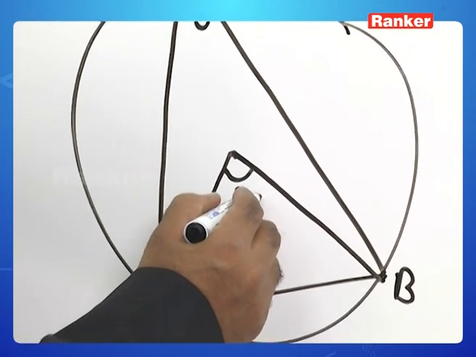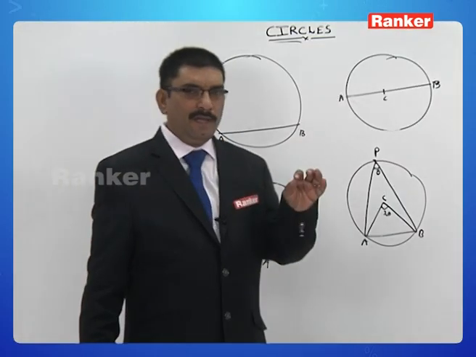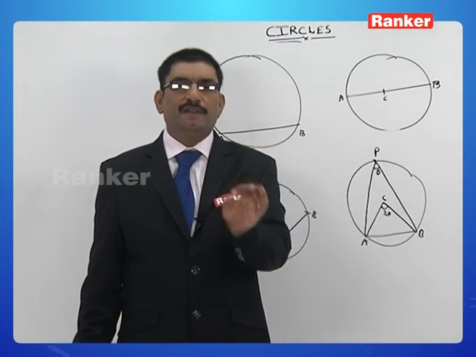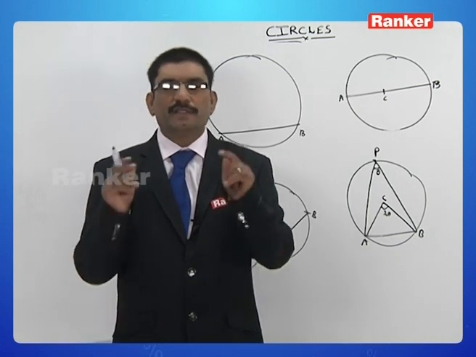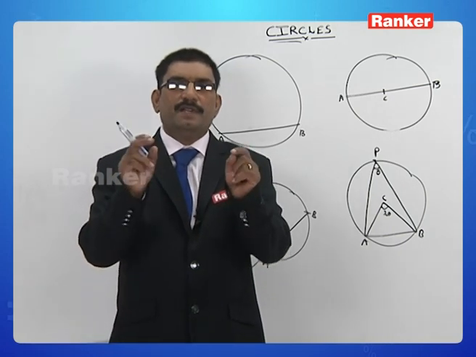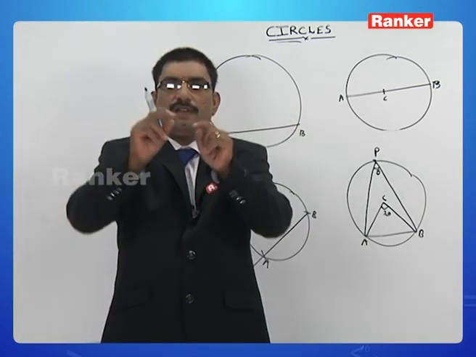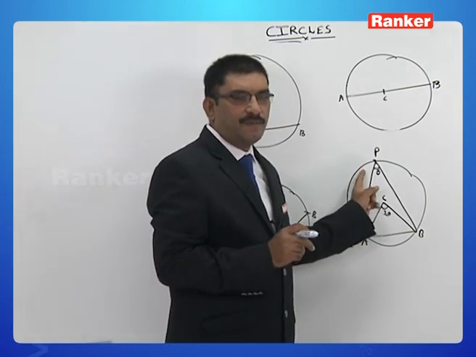We call it as what? Theta. This is the center. I mean, the angle subtended by the chord at the center of the circle is 2 theta. Then the same chord subtends an angle theta at any point on the circle. So therefore, when this is 2 theta, this is what?